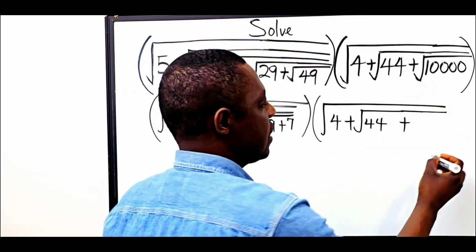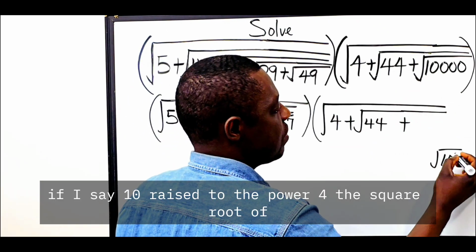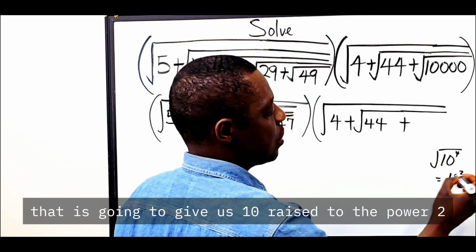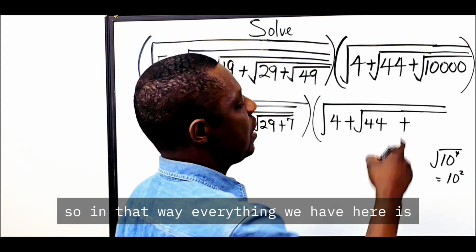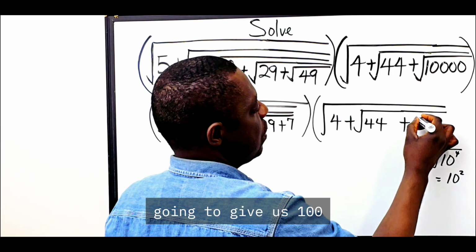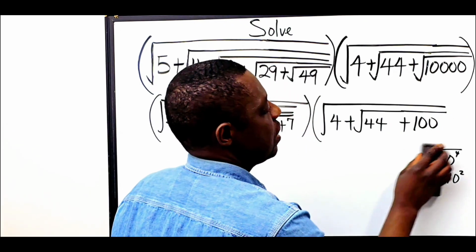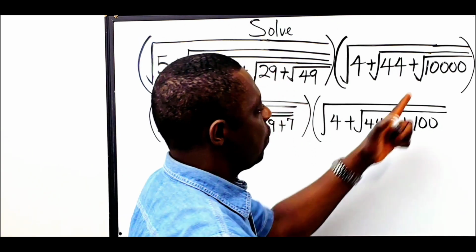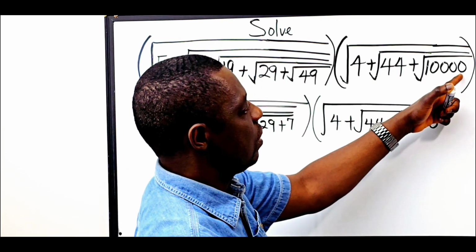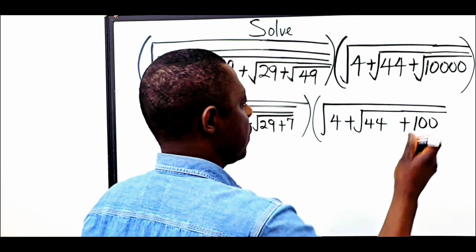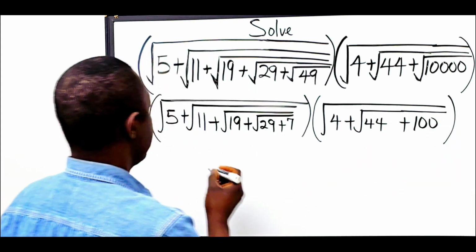So that means that if I say 10 raised to the power 4, the square root of that is going to give us 10 raised to the power 2. So in that way, everything we have here is going to give us 100 because the square root of 1, 2, 3, 4 is going to give us 2. So we have 100. So we continue.